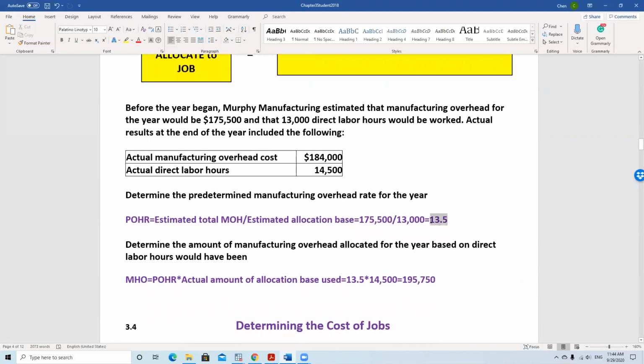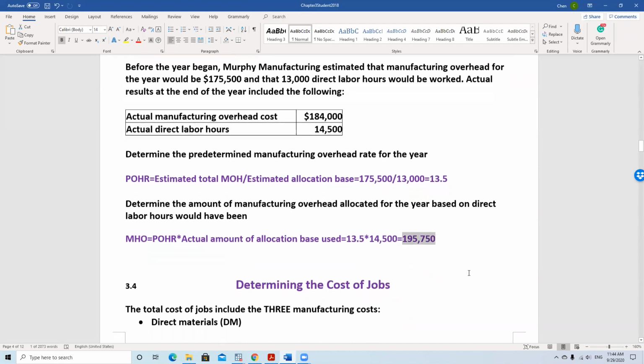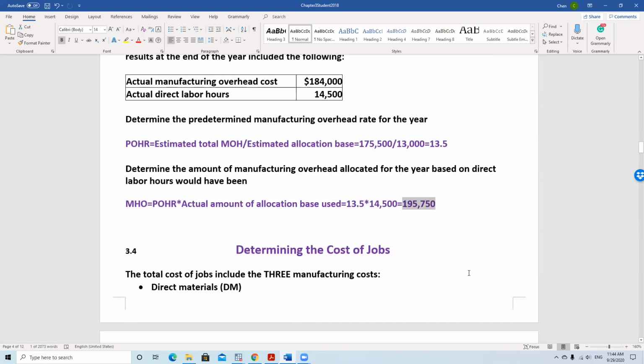For every direct labor hour that you spend on this job, you're going to record $13.50 as manufacturing overhead. And for these 14,500 direct labor hours that are spent, you will apply $195,750 as manufacturing overhead.